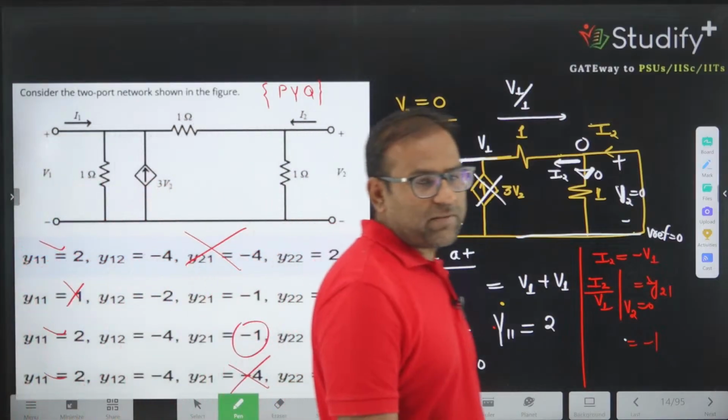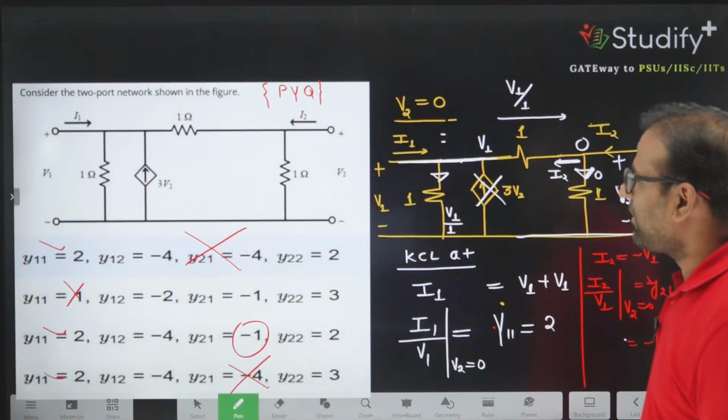Okay, this is the first part. What is the next part? The next part is by making V1 equal to 0.